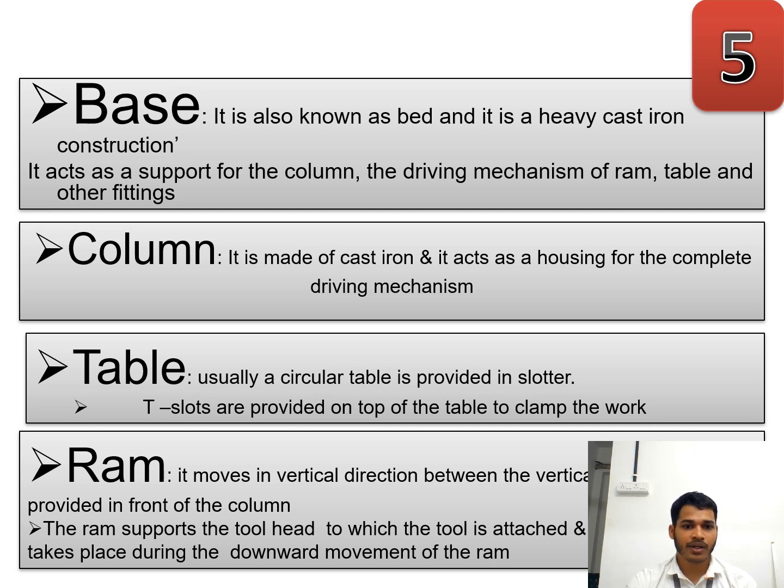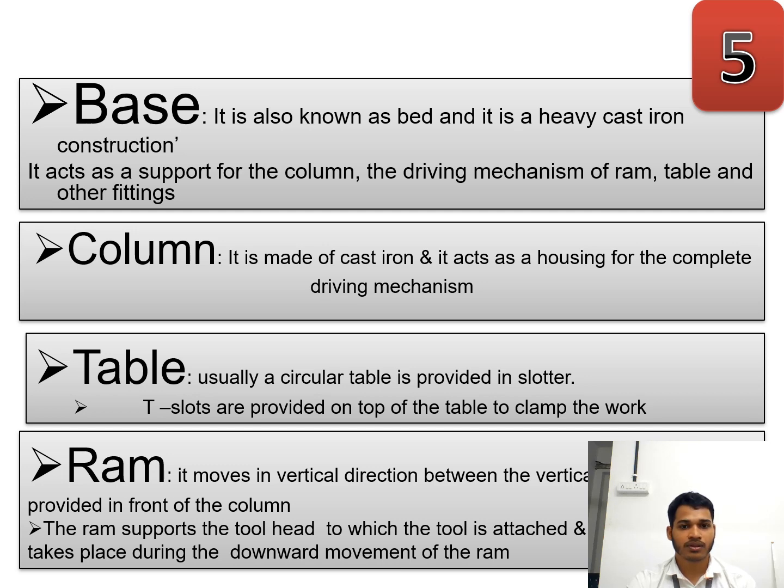The ram moves in a vertical direction, provided in front of the column. The ram supports the tool head to which the tool is attached, and cutting takes place during the downward movement of the ram.